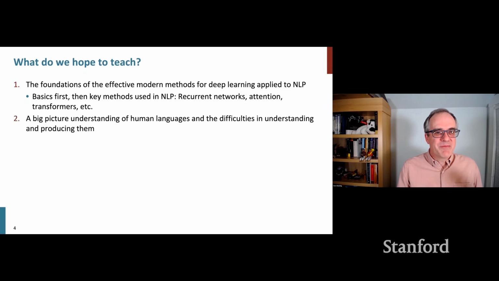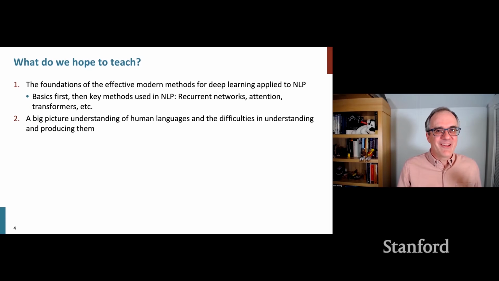We want to do something more than just that. We'd also like to give you some sense of a big picture understanding of human languages and the reasons why they're actually quite difficult to understand and produce, even though humans seem to do it easily. Obviously, if you really want to learn a lot about this topic, you should enroll in some classes in the linguistics department.